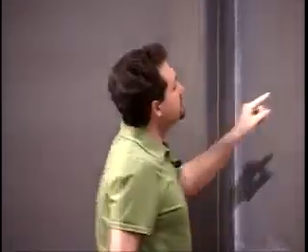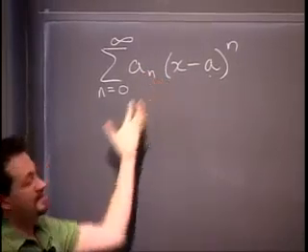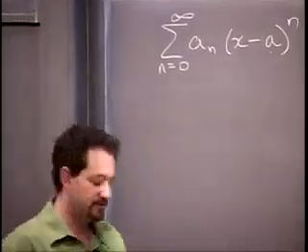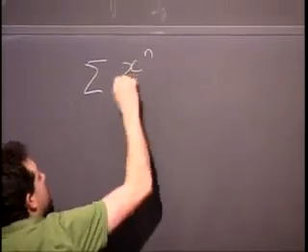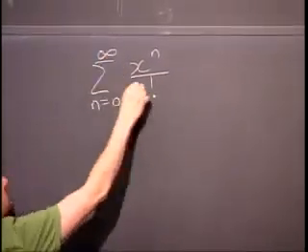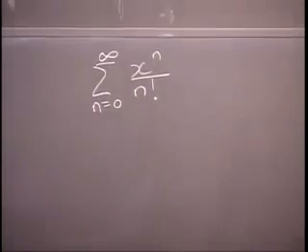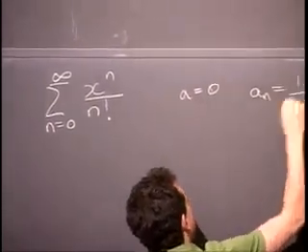Okay, so I want to remind you that for every x that you plug into this series, you get a regular old series. One of the examples we looked at was the series x^n over n factorial. This is a special case with a equals 0 and a_n is 1 over n factorial.